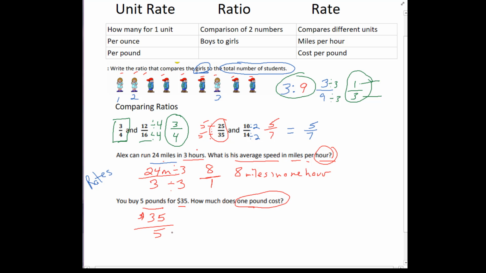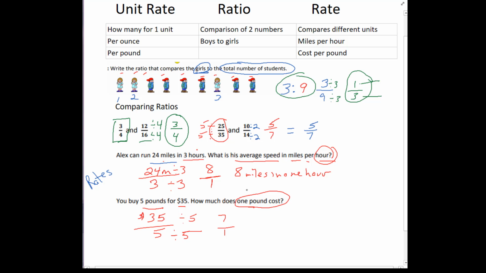Okay? And we can see we need 1 pound, the cost of 1 pound. So 5, the bottom number will go to 1. 35 divided by 5, because we did it on both sides here, right? 35 divided by 5 is 7.